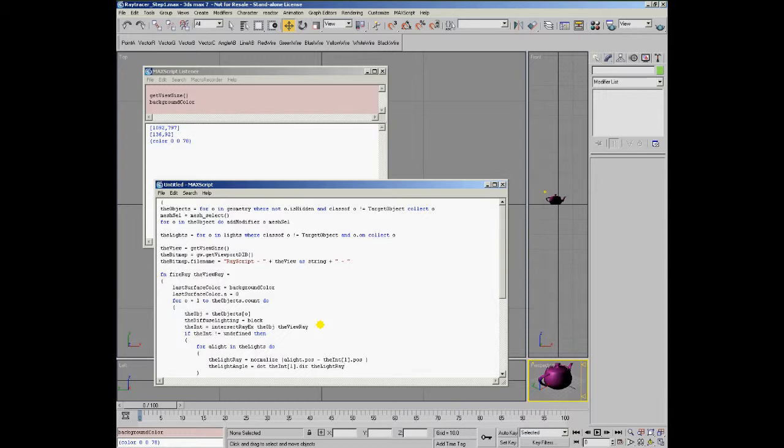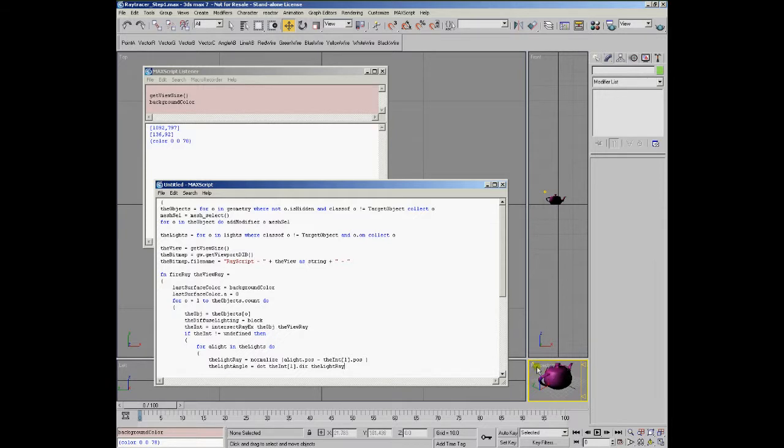line. If this angle, or the cosine actually of this angle, is 1, then the angle itself is 0, and that means that the two rays are parallel. In other words, the light is illuminating along the surface normal and the surface point gets full illumination.